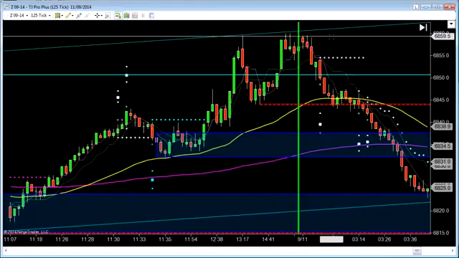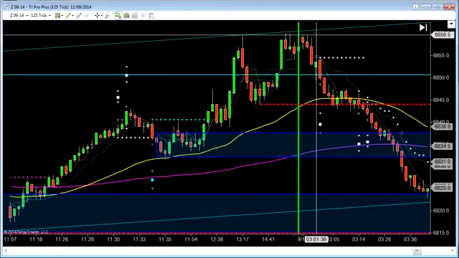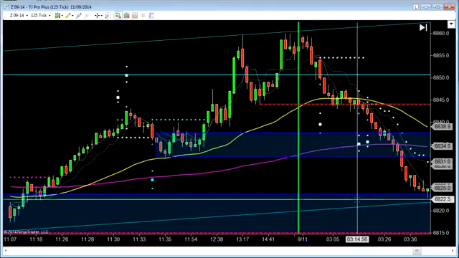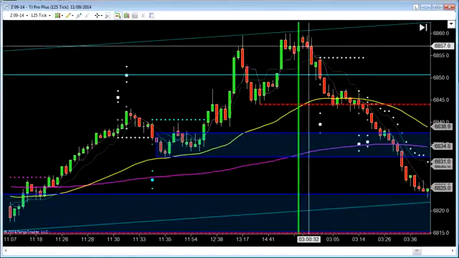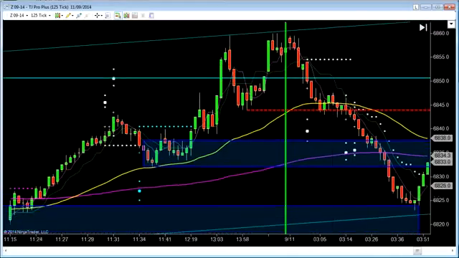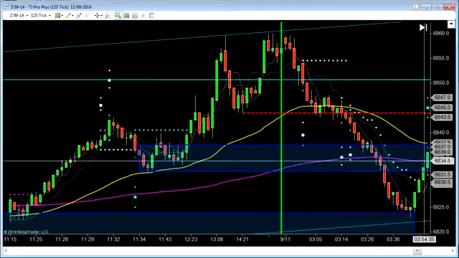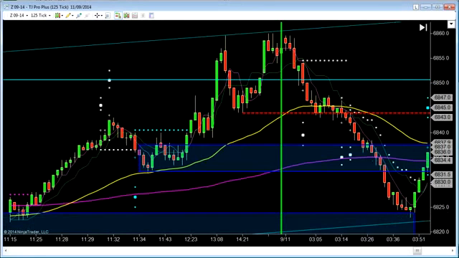However, we've seen a move here from a high of 59.5 down to a low of 23, and we've not really looked back. We've hardly had any sort of move back at all, and you can see that straight away there was a fairly strong pullback from that area that I was talking about.